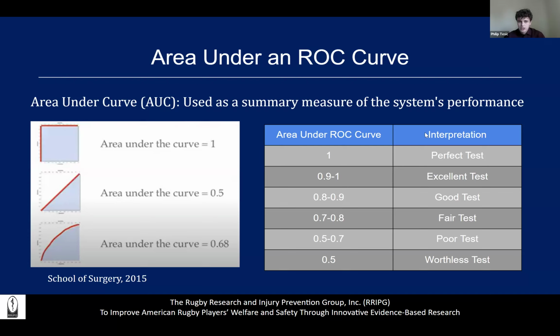So here is a general table that is used to evaluate just how well your test is working, all the way from a worthless test in which you only have an area under the curve of 0.5, which performs no better than random guessing, all the way up to an area under the curve of 1, in which we have a perfect test that balances 100% sensitivity and 100% specificity.